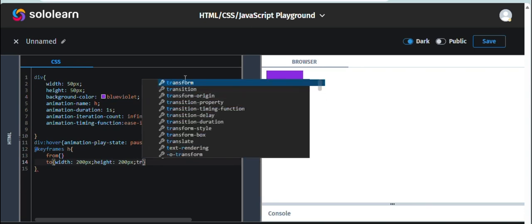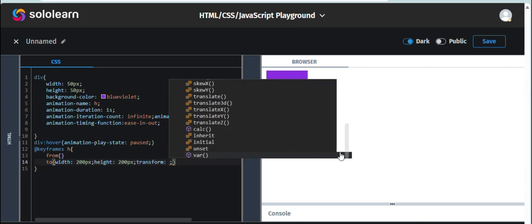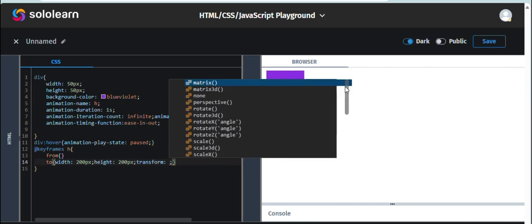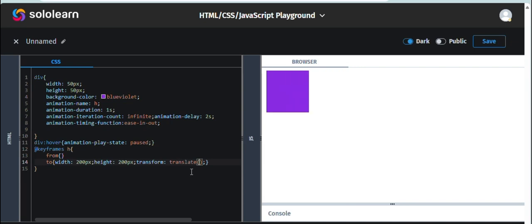Transform. Here there are so many things. Rotate rotates it, and I think I might not have to explain that. Translate moves it. The first value is left to right, and the second one is up to down.